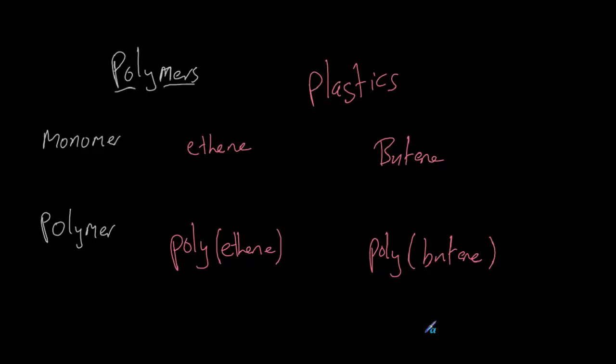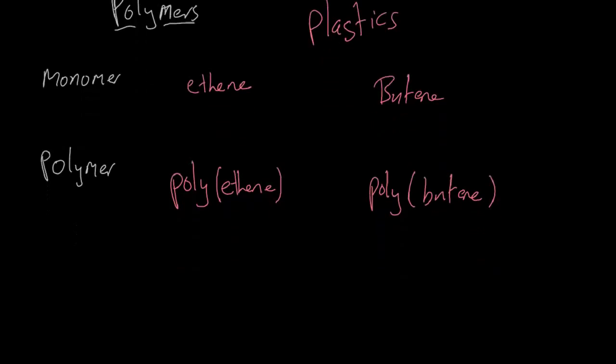Okay, so that's all well and good, knowing what the names are and everything else, but how do they actually join together? Well, there's a very simple diagrammatic way of explaining it, and then I'll go in a bit more complicated. So if you can think of ethene, if we had gaseous ethene, there would be loads and loads of ethene molecules all buzzing around like this, okay?